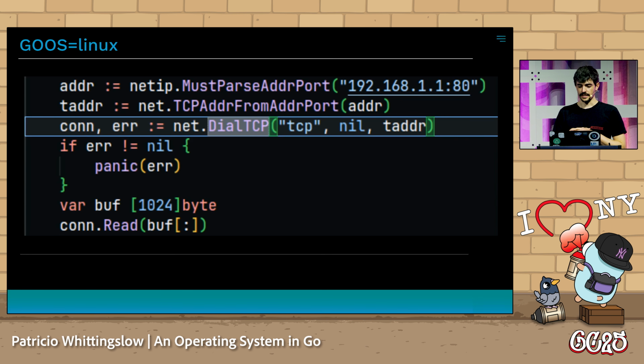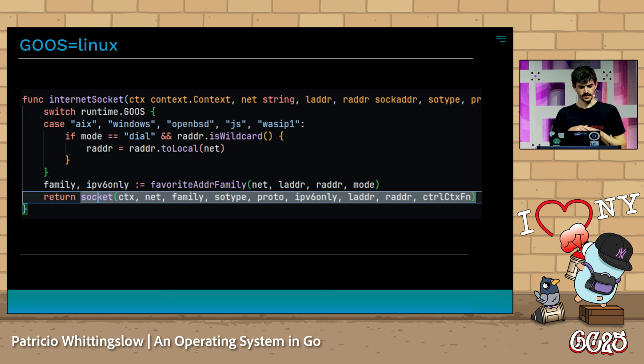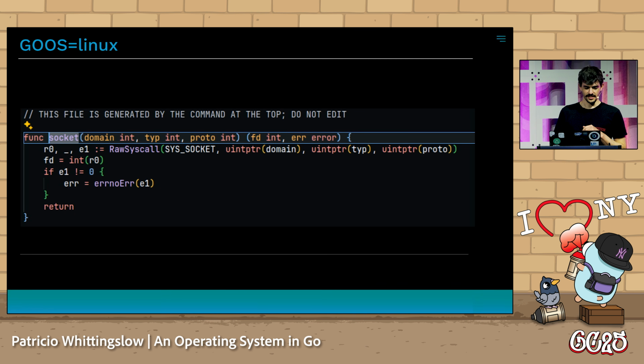If we work our way down, we'll eventually arrive at this function, internet socket, which itself has a socket call. Keep working our way down, and the socket calls out to a function called RawSyscall.